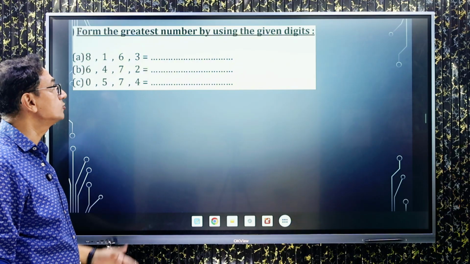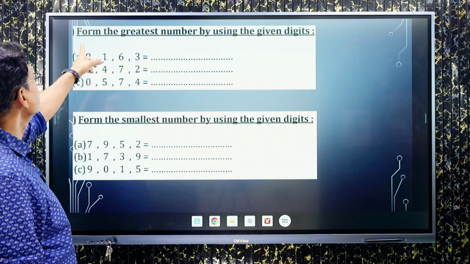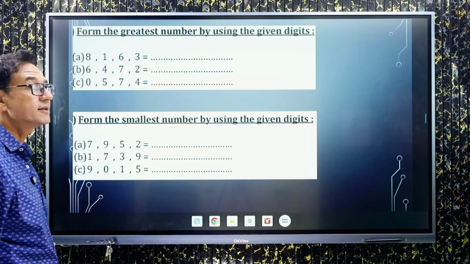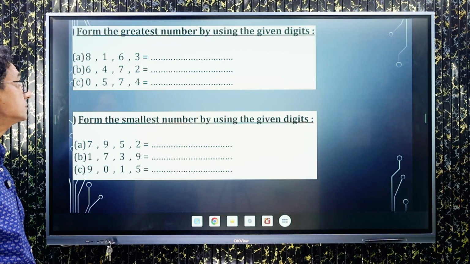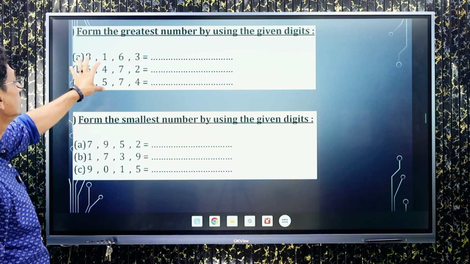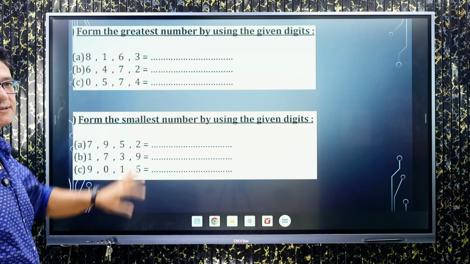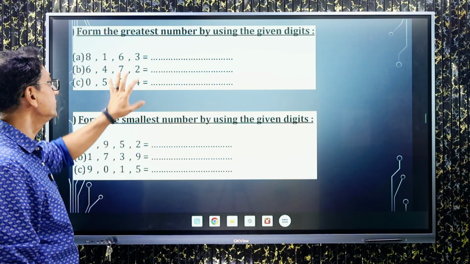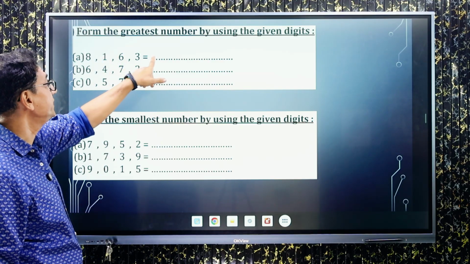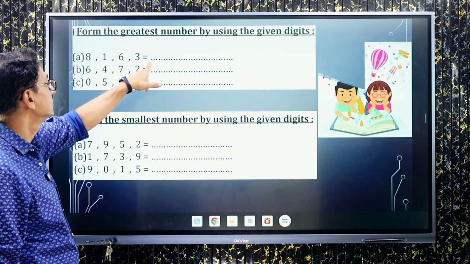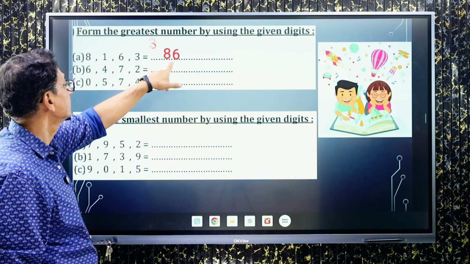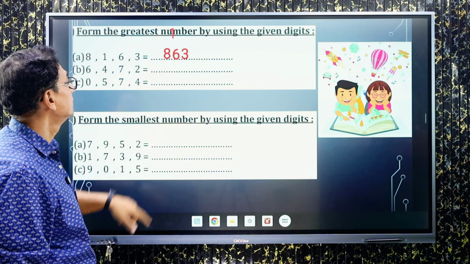Now let's talk about numbers. Here he is asking about the greatest number by using the given digits. So here we want to get the greatest one. First we will write the greatest one, 8, 6, 3, and 1.